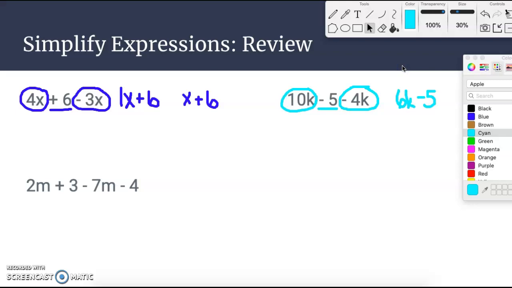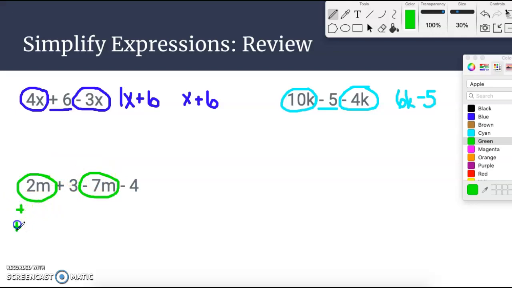2m plus 3 minus 7m minus 4. This one is definitely not in simplest form because we have a lot of like terms here. If we start with our variables, we have 2m and negative 7m or minus 7m. This one's a little bit trickier to do, 2 minus 7, so I'm going to use a picture again.